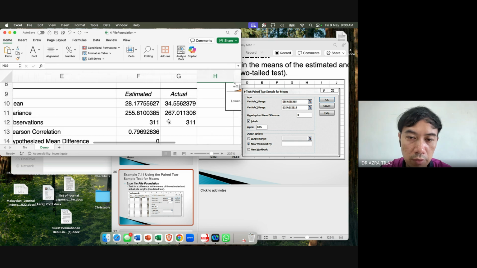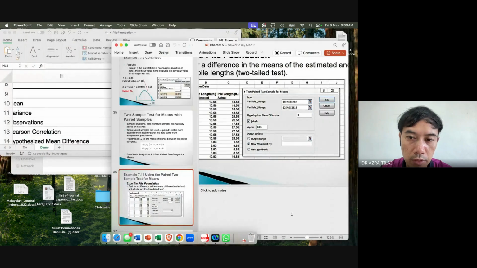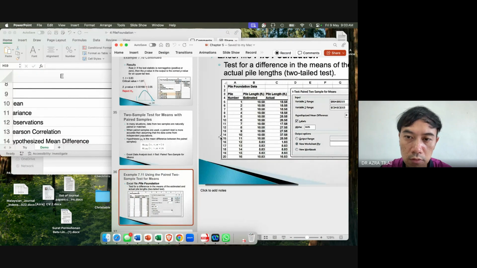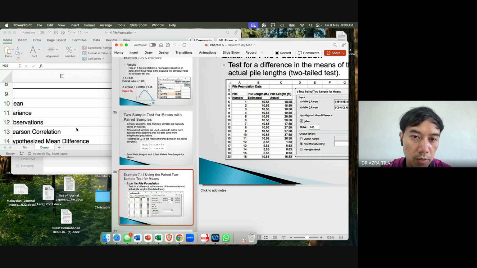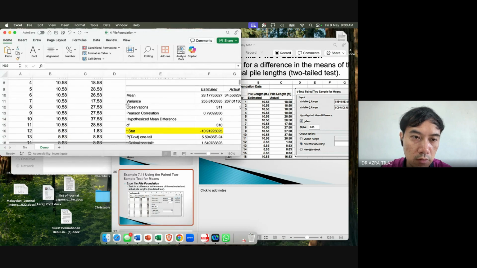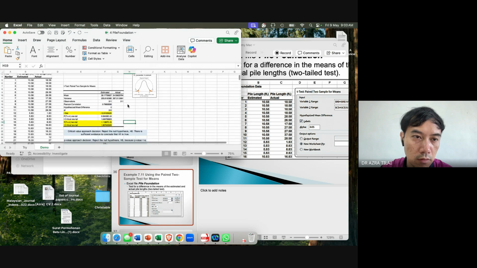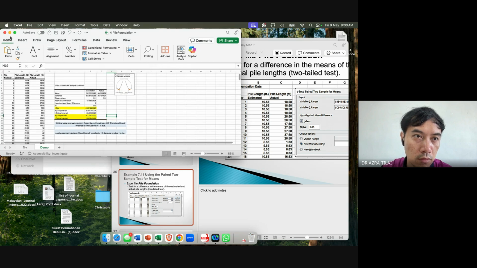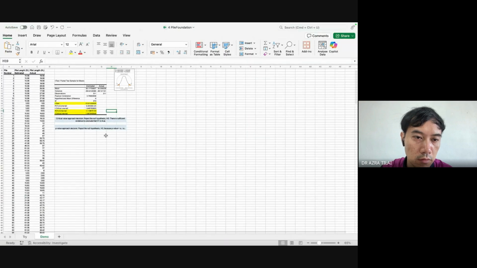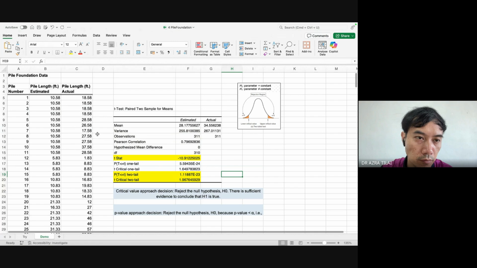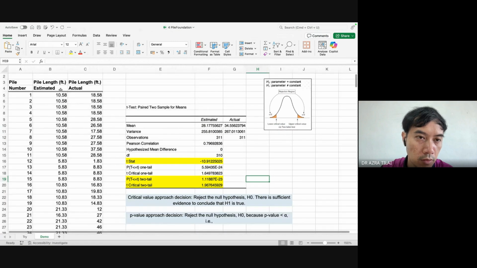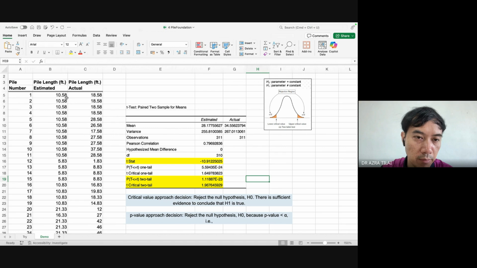So when you draft a mean, okay, when you do a table, pile number, okay, so these are the pile length estimated.